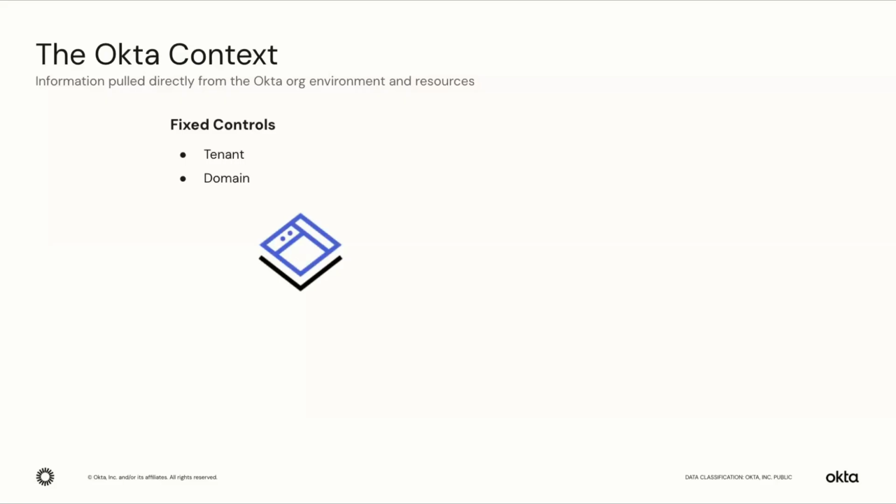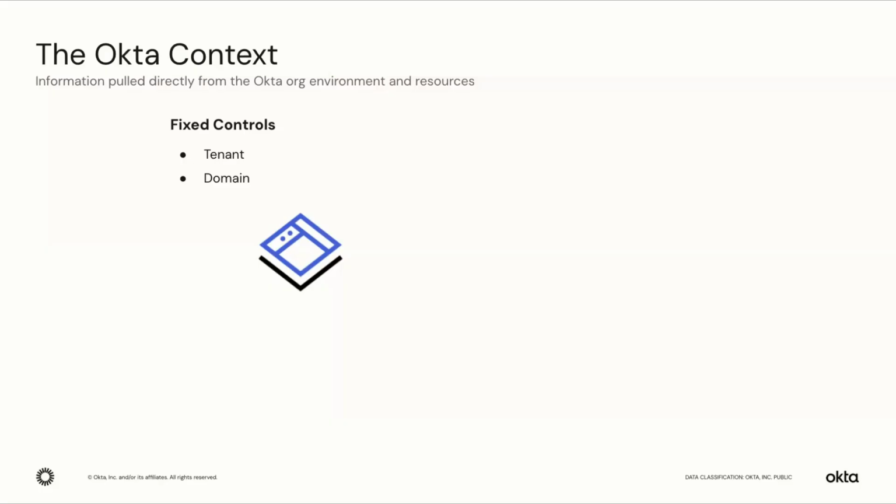What we mean by fixed controls are the Okta tenant itself and the Okta tenant domain. These are fixed values that are associated with the org and typically don't change all that often.